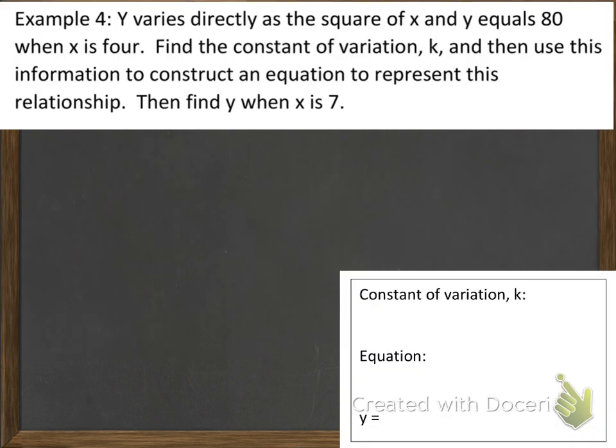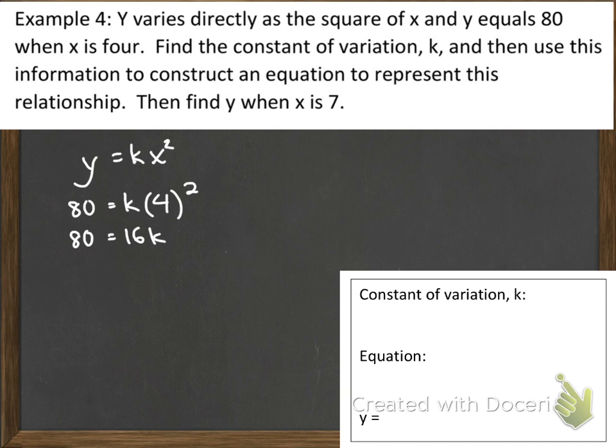All right, example 4. Y varies directly as the square of x, so let's just write that down. Then it says y is equal to 80 when x is equal to 4. So let's find k. We have 80 is equal to 16k.